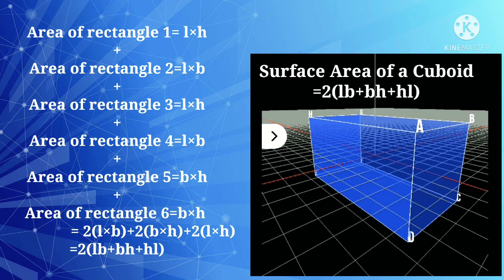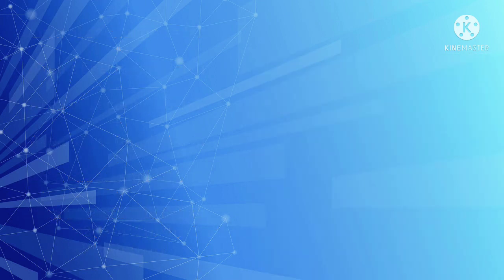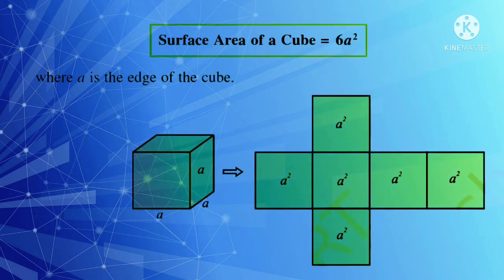Is it clear? Okay. So after getting the surface area of a cuboid formula, next we have to find the surface area of a cube. Cube is very easy. As you see in the three-dimensional diagram, in a cube total how many faces are there? Total 6 faces. And in a cube all sides are equal.